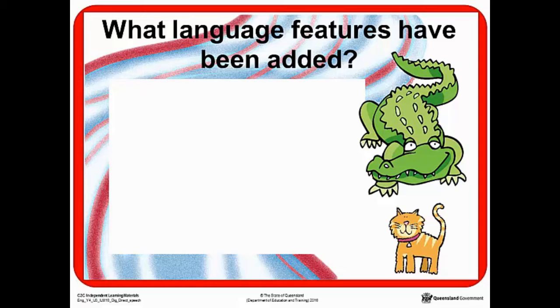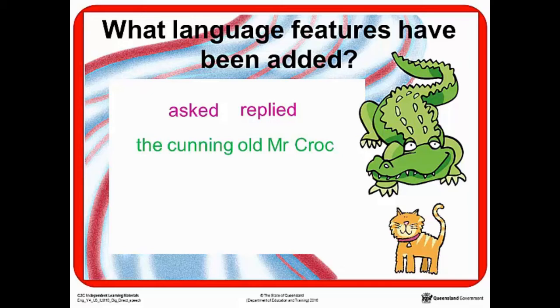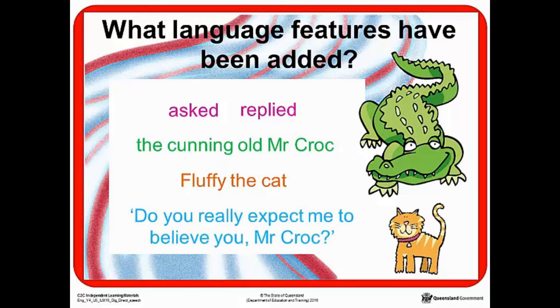The cat didn't believe him. Well, we have added some saying verbs such as asked and replied. There are noun groups like the cunning old Mr. Croc and Fluffy the cat to describe the characters a little more, and there's direct speech to give us more information about those characters. It's a lot more enjoyable to read now and a lot more interesting.